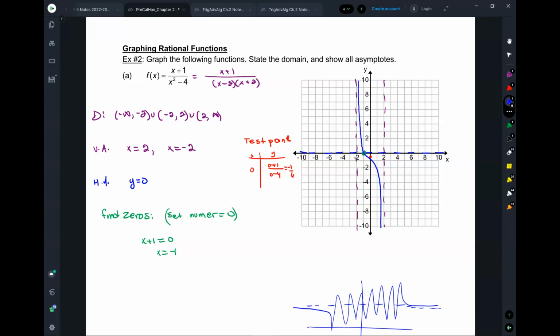Have you ever played those video games where, when the character goes off the screen, it comes back from the other side, right? That's kind of how this is. So if the graph exits the screen here, it re-enters to the right of the asymptote from the top. So if it exited from the bottom, it comes back from the top. So now it's going to come back down, and then there are no more zeros here, so it can't cross the x-axis.